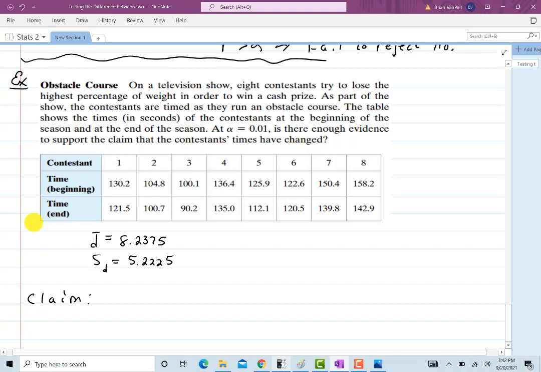So let's see what happened here. Is there enough evidence to support the claim that the contestants' times have changed? Oh, that's it. I'm going to change this word, by the way. I remember now why I chose this thing. Improved.